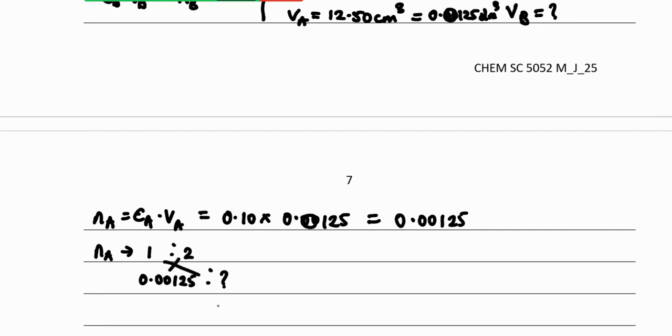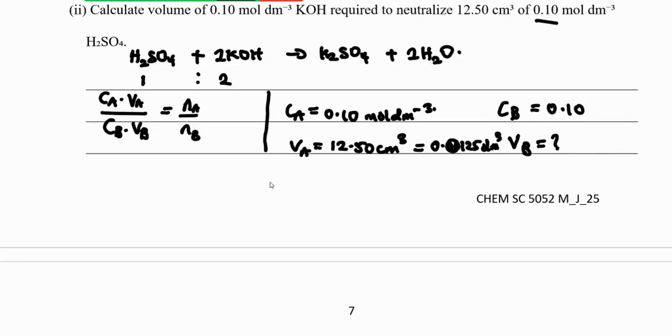We cross multiply, and the number of mole of base would be 2 times 0.00125. If we calculate this, we get 0.0025 moles.